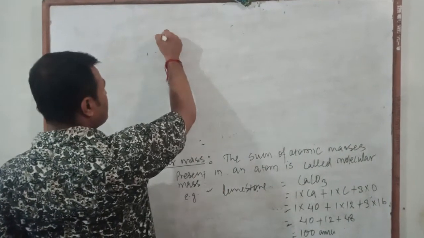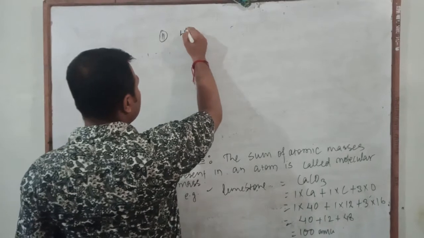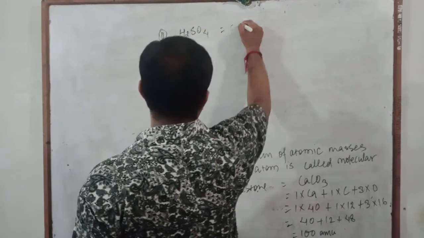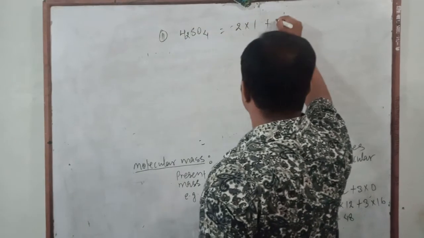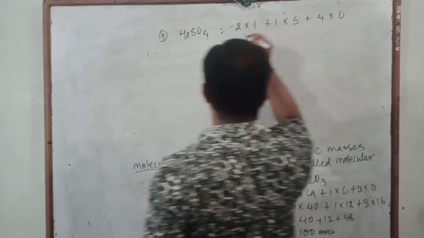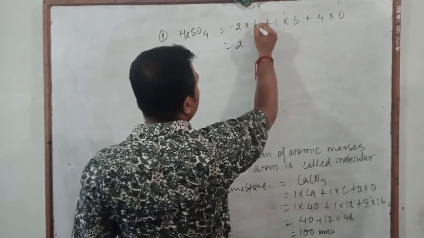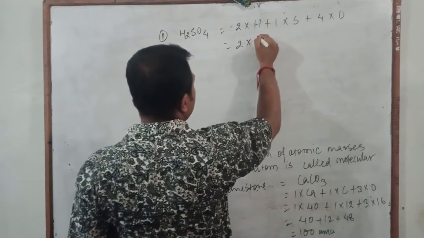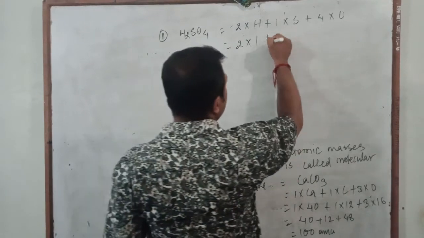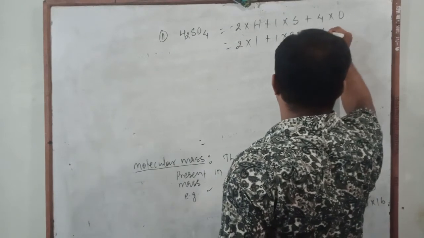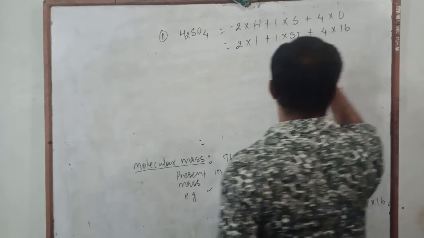Another example, sulfuric acid, denoted by H2SO4, contains 2 atoms of hydrogen, 1 atom of sulfur, and 4 atoms of oxygen. Atomic mass of hydrogen is 1, sulfur is 32, oxygen is 16.